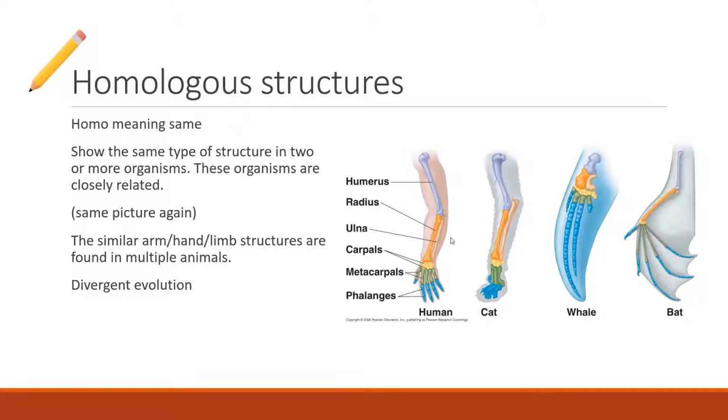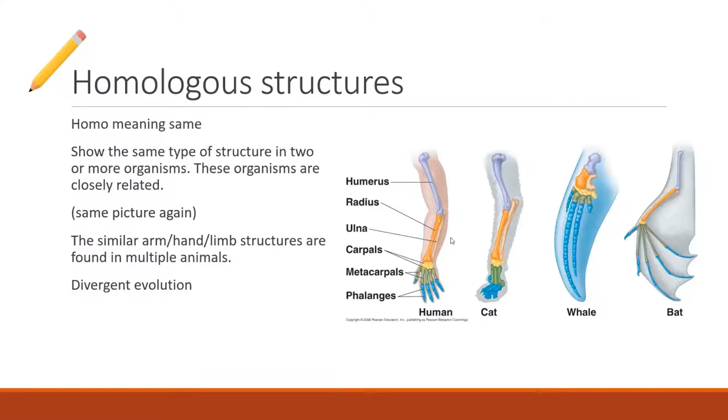Of course, we know from all those other slides that the hand has different bones in different places, different lengths of bones, for different animals. But in general, they are still the same structure. This is a homologous structure because they're all the same thing, just shaped differently.